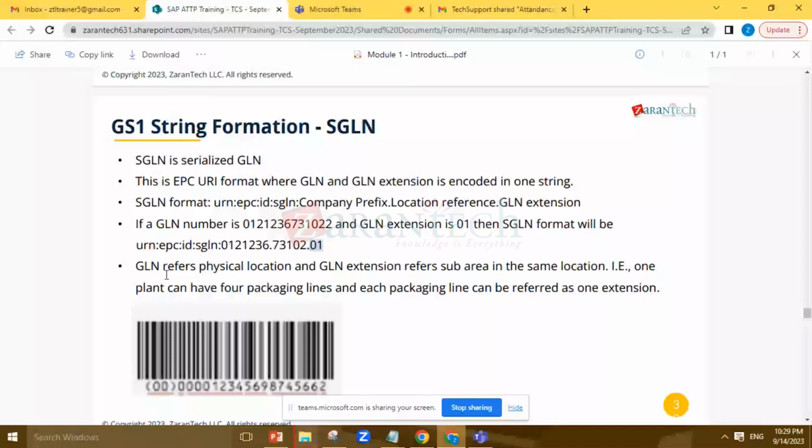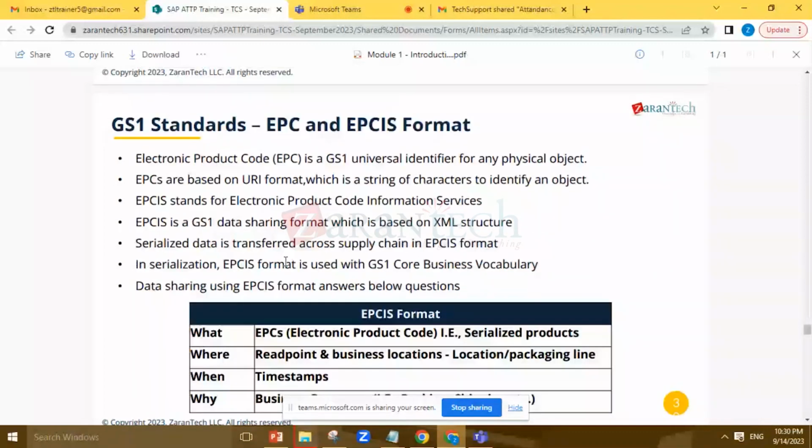And now, this is something related to the EPC and EPCIS format. Here I have shown this thing called EPC. This is a string, but what is this EPC? It is the Electronic Product Code. It is a universal identifier for any object, and electronic product codes are based on this URI format, which is nothing but a string of characters to identify any object.